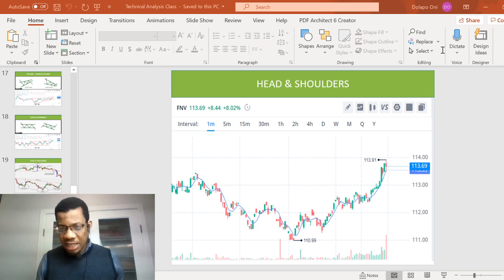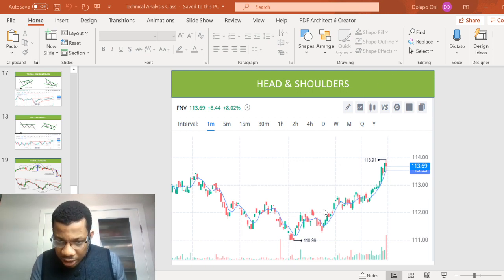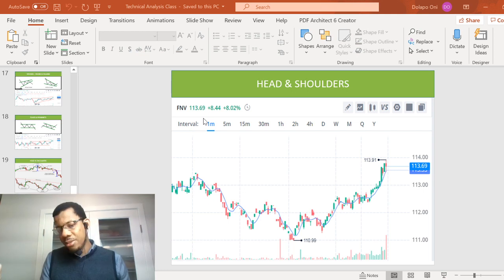So if you came in at that 112, you would currently be $12 to the good, which is almost about 10%. So not too bad. I reckon this particular trade could go as high as probably 125-ish. Yeah, probably about 125. So not a bad price.